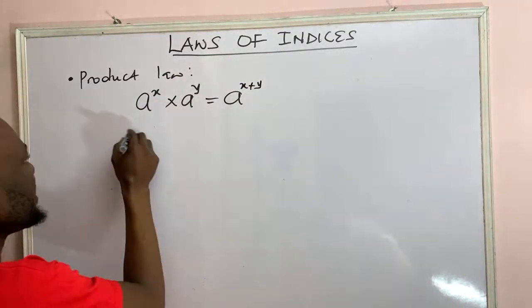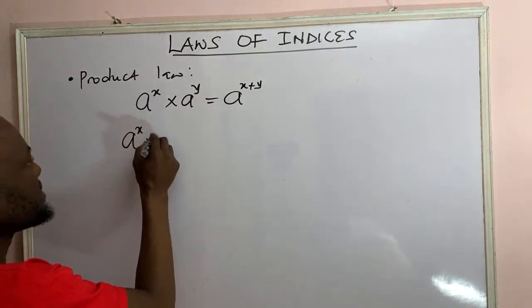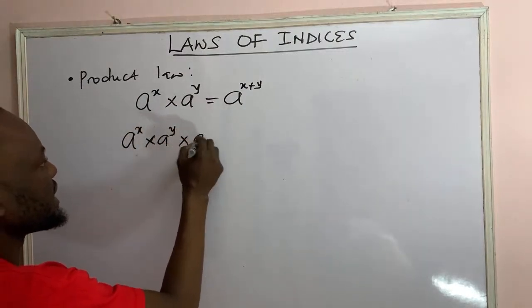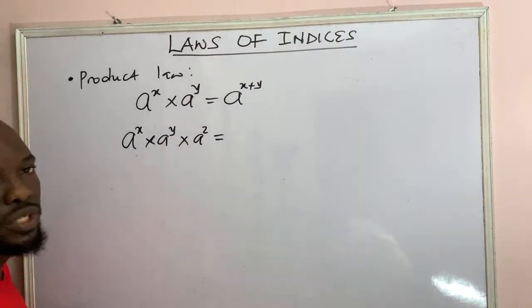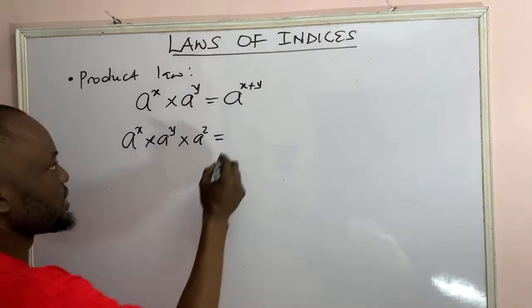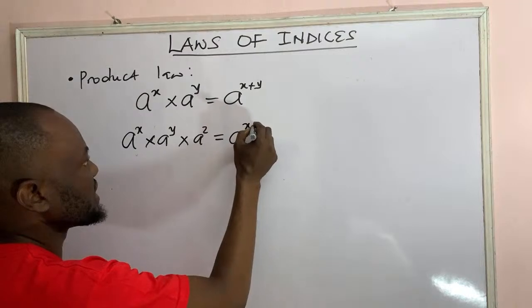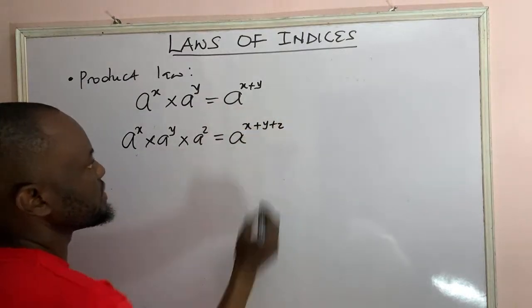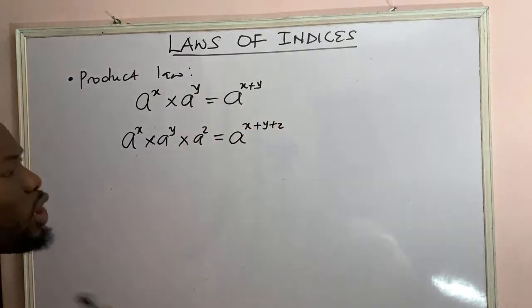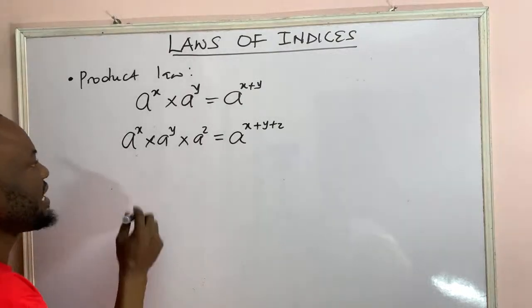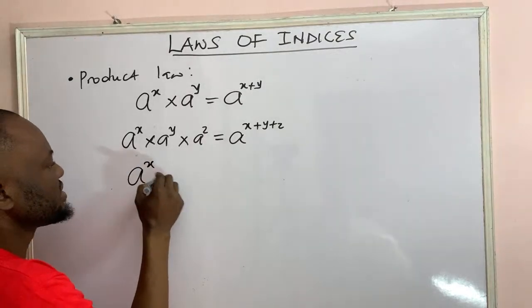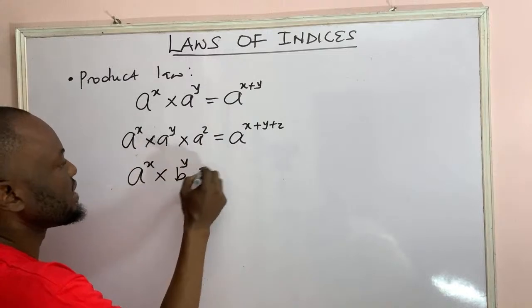Now, if I have a to x times a to y times a to z, what do you think the result will be? It will be a to the power of x plus y plus z. Now, the law does not exist if I had a to the x times b to the y.